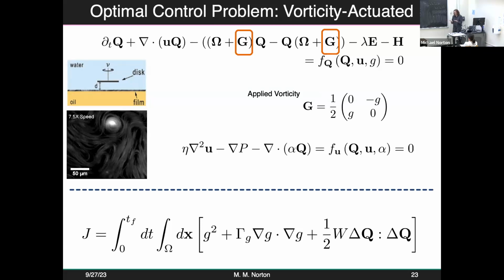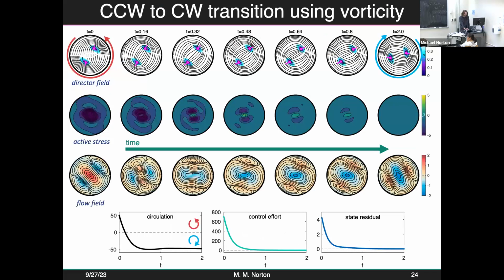I'm sure the experimentalists will have better ideas, but you need some kind of device where you can address individual pixels. The active stress is the next best thing. We have this indirect way of controlling the orientation, because we create active stress that creates a flow that then reorients the system. So it is indirect, but it'd be cool to think about more direct ways of actuating things. And so here's just what it looks like for the vorticity.